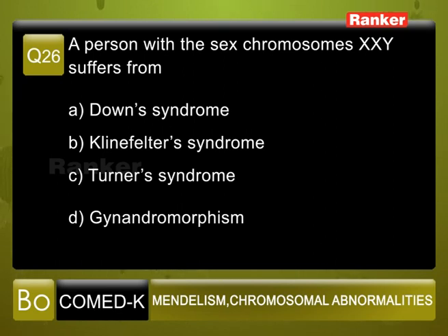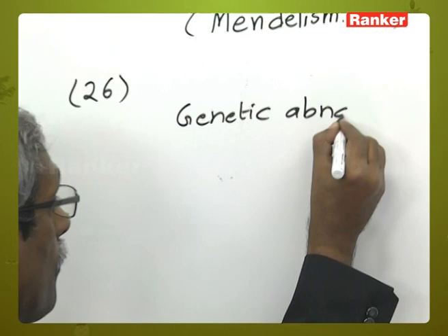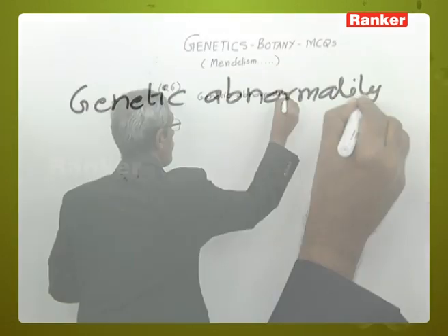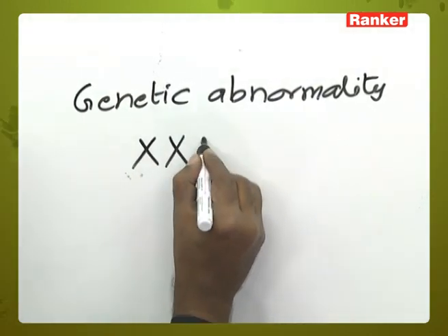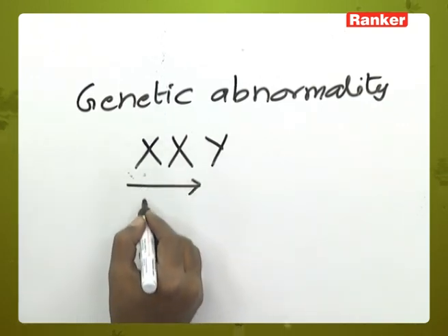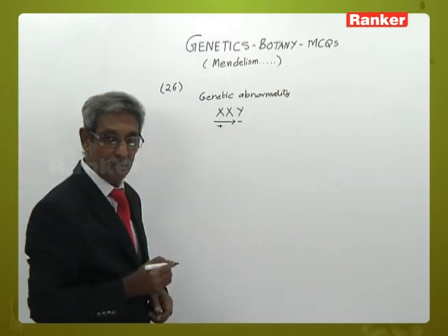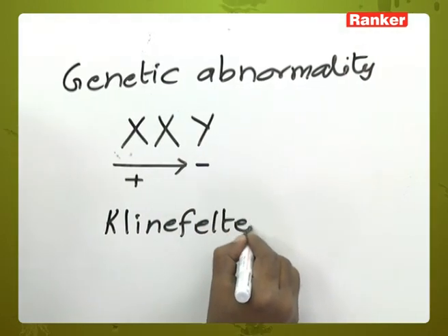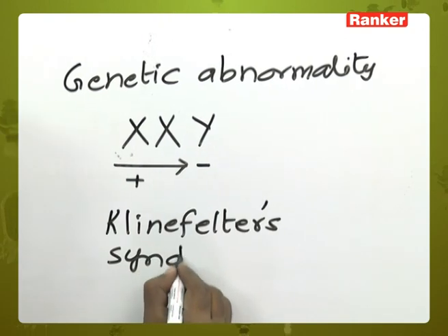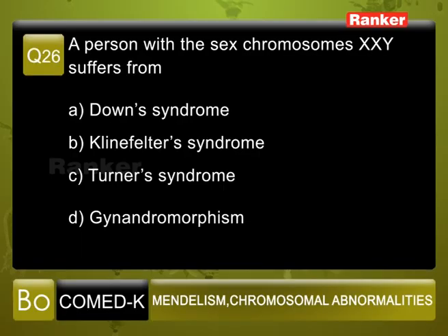So normally, if there is a genetic abnormality where there is an X and a Y, there is an increase in X along with a Y, it is a characteristic feature of Klinefelter syndrome, and hence for 26 the answer is B.